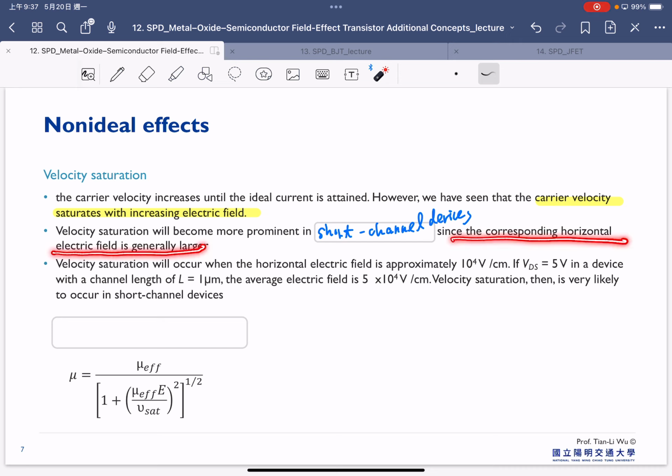A short channel means that our channel length is small.